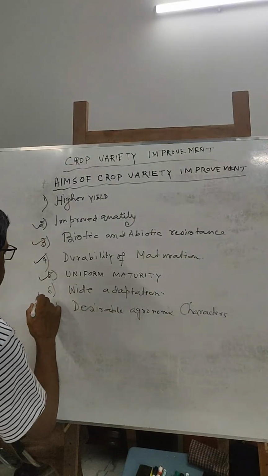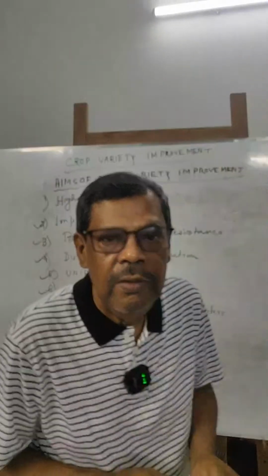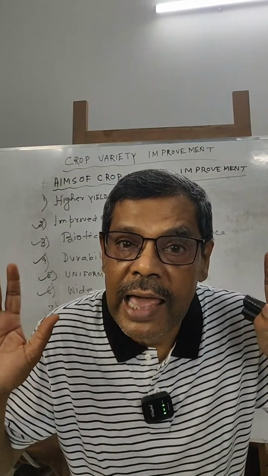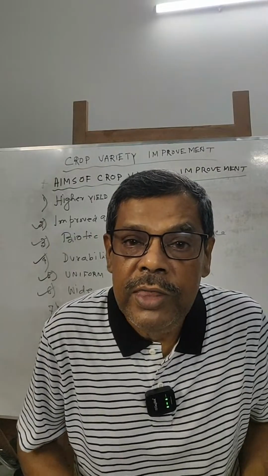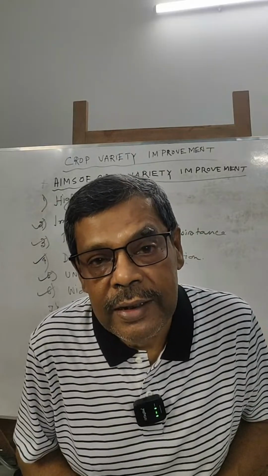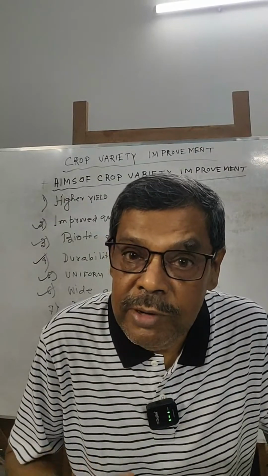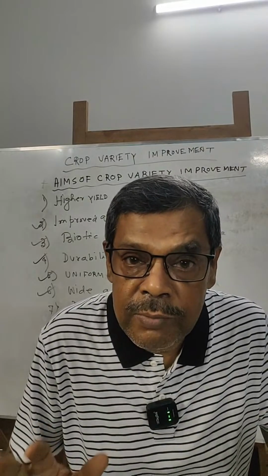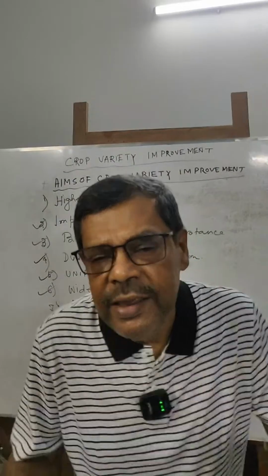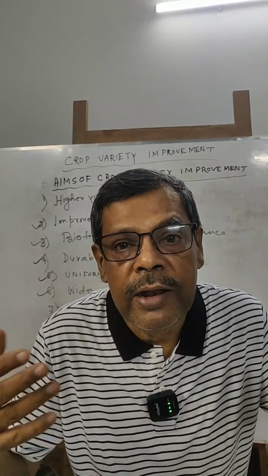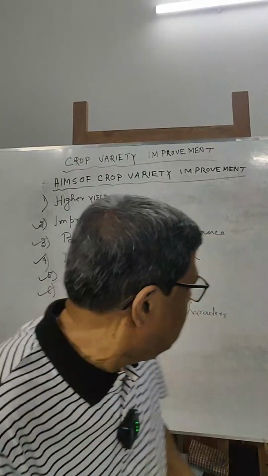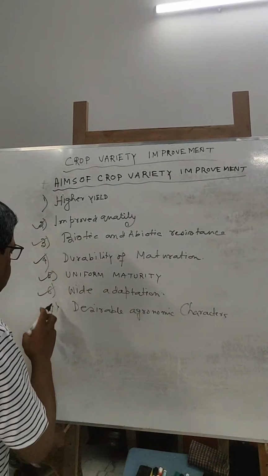Next, wide adaptation. Wide adaptation means crops would be widely adapted to various climatic conditions. That is, they would tolerate different types of temperature, that is temperature sensitivity and photoperiod sensitivity. They would be adjustable to different environments, places, temperatures, and photoperiods. These are wide adaptation.